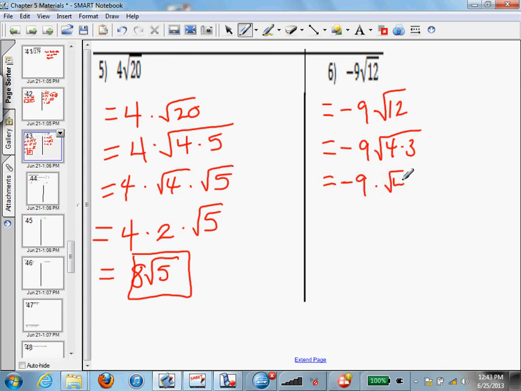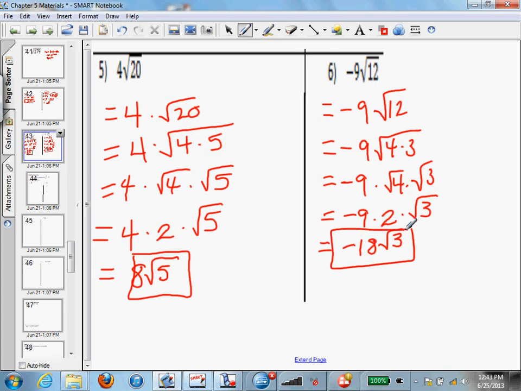Negative 9 times the square root of 4 times the square root of 3. So this square root of 4 can be broken into 2, times the square root of 3. Let's multiply the negative 9 and the 2 together. We get negative 18. Bring that square root of 3 down, and that is the final answer.